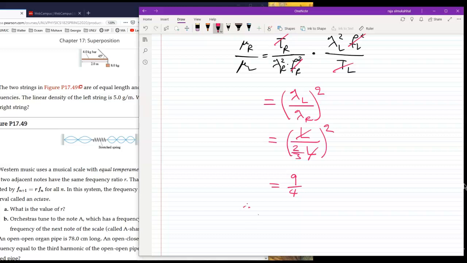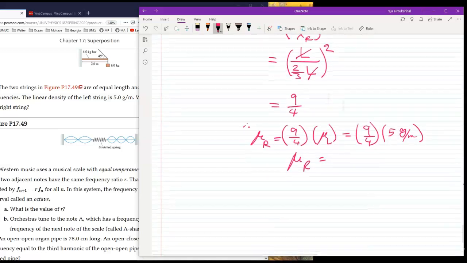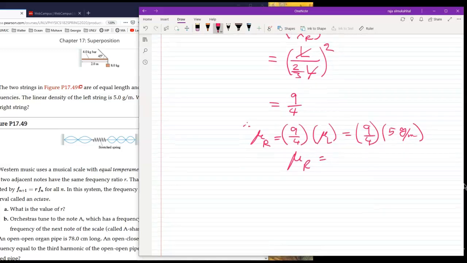So therefore, mu sub R is equal to 9 over 4 times mu sub L. What's mu sub L? I forgot. 5 gram per meter, and that will give me mu sub R is equal to 11 gram per meter. There we go.